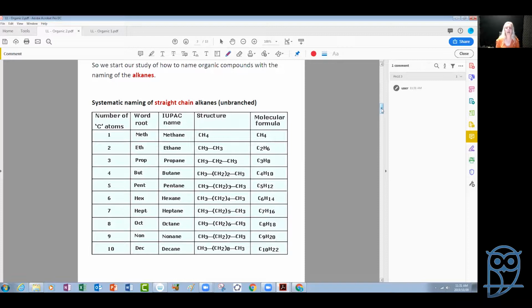any other organic compound of any complexity. So what we need to remember about this naming, referring to the straight chain alkanes, was that if the molecule has just one carbon, the prefix of the name is meth, so this is called methane. If it has two carbons, it's eth, so this would be ethane.